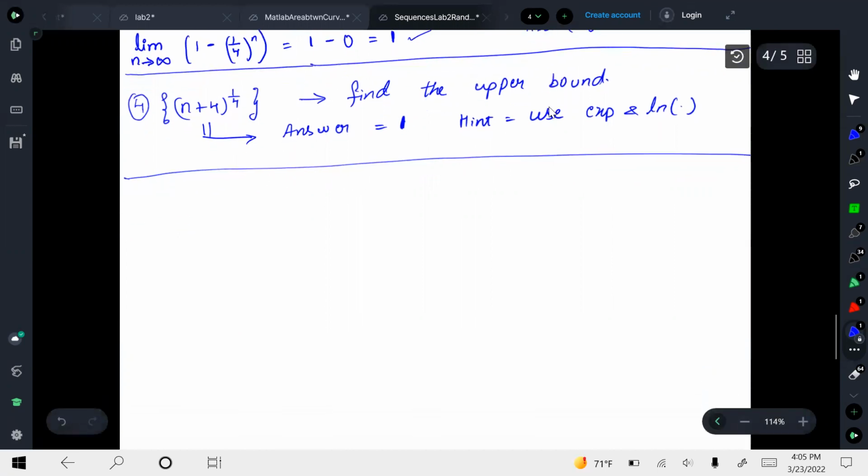Okay, now example number 5, I will give you a statement saying that if a_n is decreasing, then it has to converge.